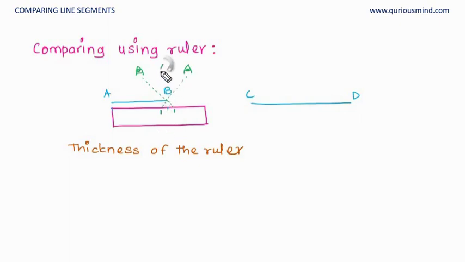But if I have my eye exactly above the measurement, I will get the correct measurement. And this error due to angular viewing is also termed as parallax error, and parallax error can cause incorrect measurements.